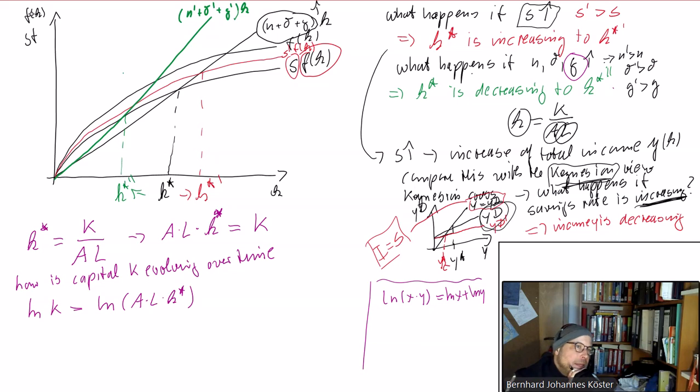Think of revenue, price times quantity. This is just a product. Or interest rates times capital is capital cost. Wages times labor is labor cost. So this is then ln of A plus ln of L plus ln of k star.